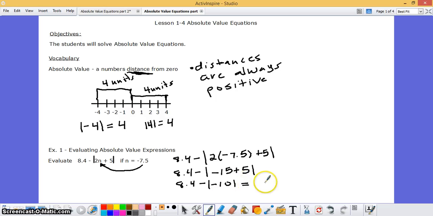The absolute value of negative 10 is positive 10, so we have 8.4 minus 10, and 8.4 minus 10 is negative 1.6. Okay, the key here is that this negative 10 became this positive 10, but this minus, which was here, stayed. So it's not changing this minus, it's just saying that this negative 10 is 10.